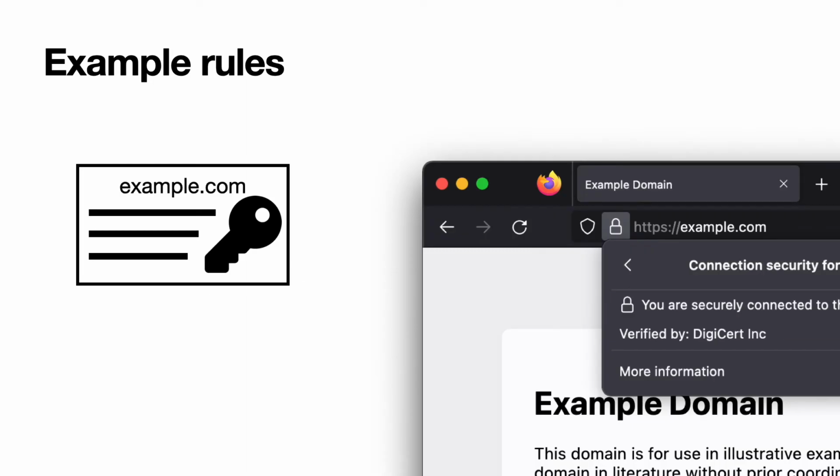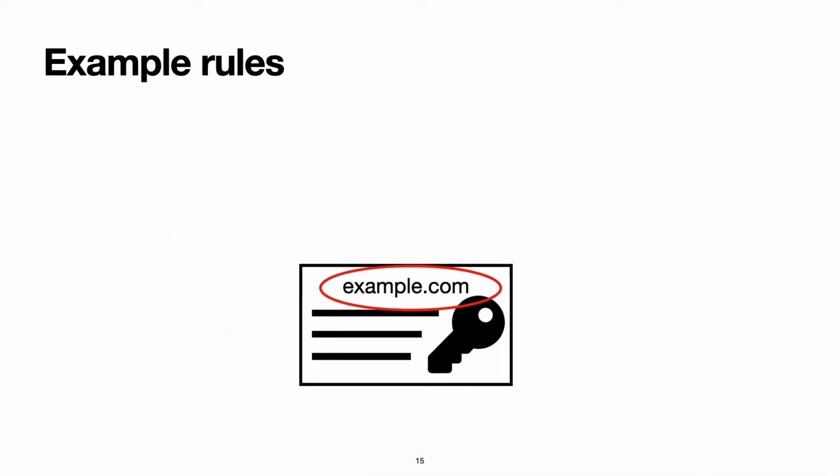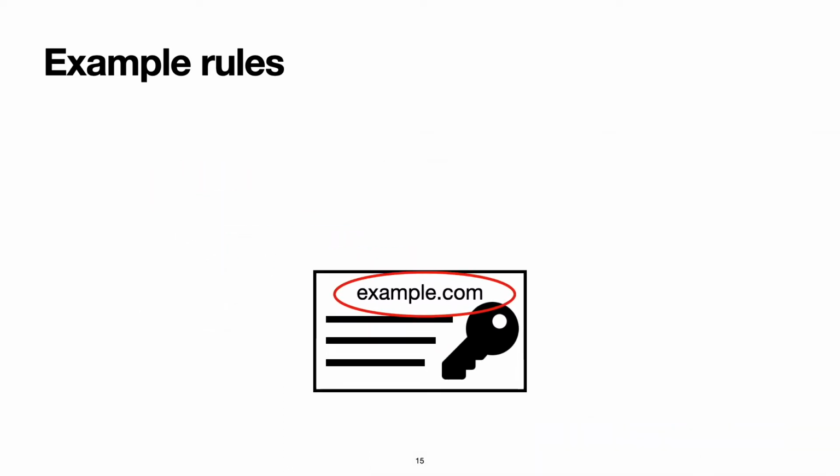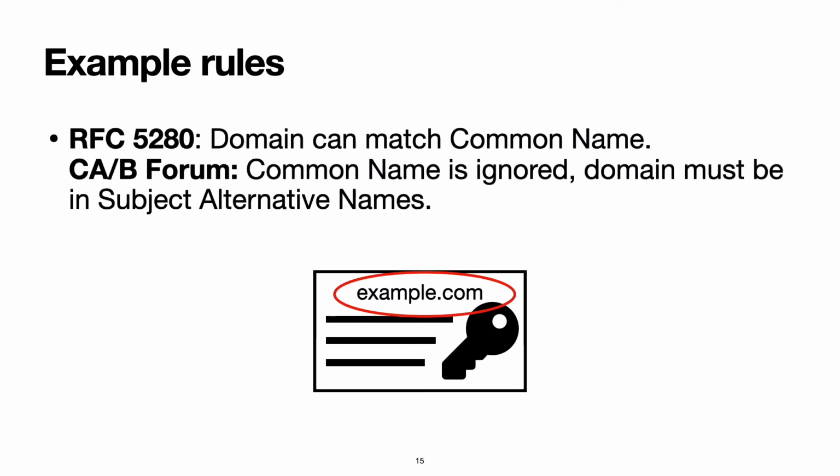For instance, the domain in the certificate received must match the domain the user is trying to visit. In practice, the details of such rules, including this one, can be quite subtle. For instance, there are actually multiple fields within the certificate that may contain domains. RFC 5280 says clients can use the common name field, while the CAB requirements deprecate the common name in favor of the subject alternative names field.